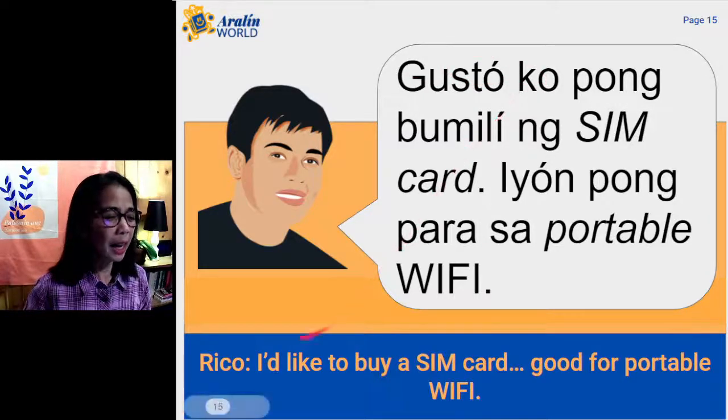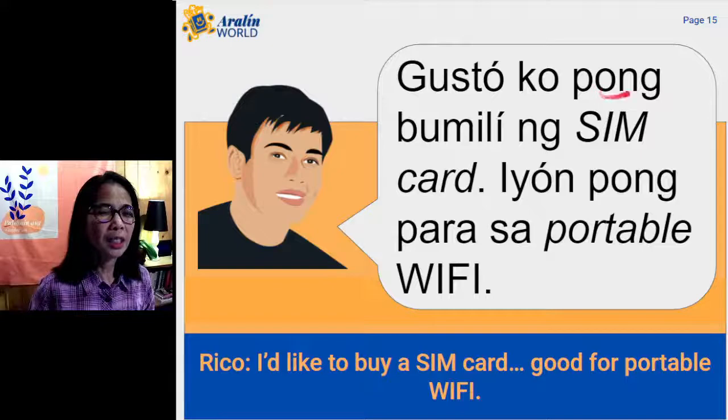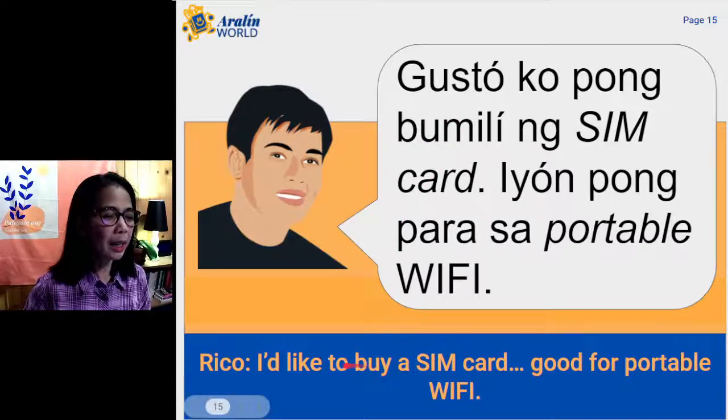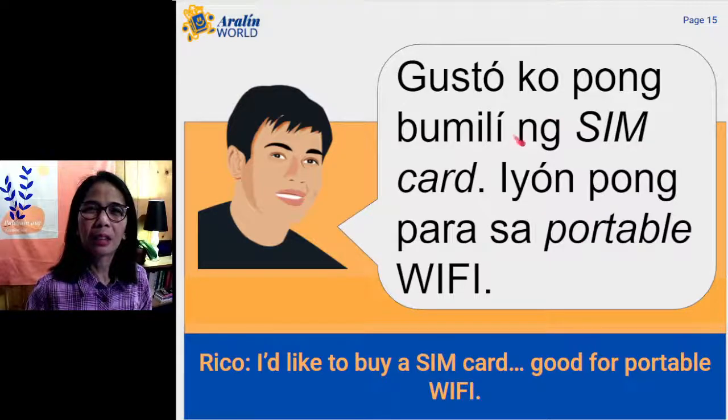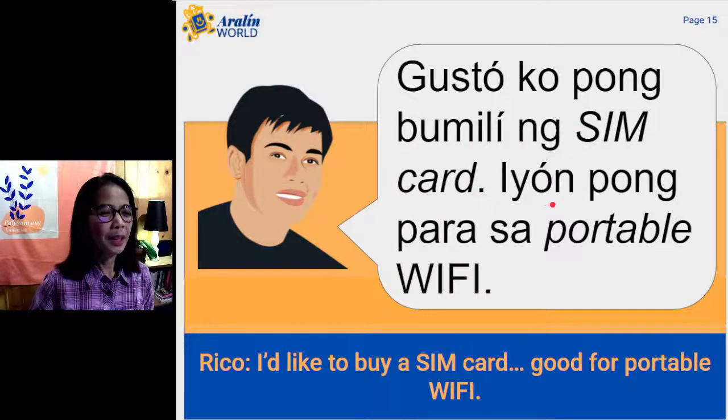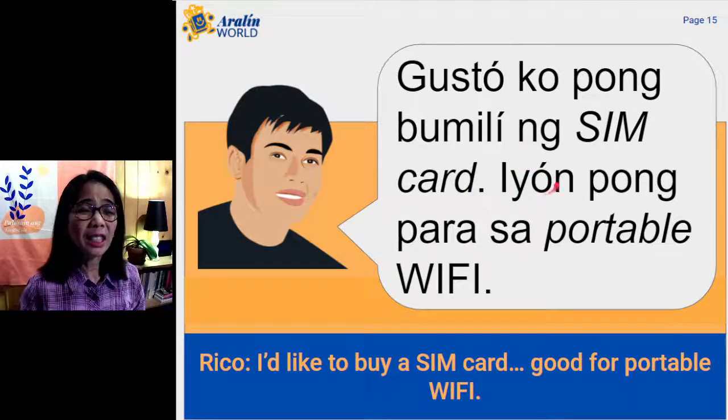Gusto ko means I'd like to, or like to, or as simple as I'd like. Gusto ko. And of course, po is just a particle which means you are being polite. Bumili means to buy. And then you have the connector ng. What are you going to buy? Ano ang bibilhin mo? SIM card. Iyon po. Iyon means that, literally. But in English, you don't say that.